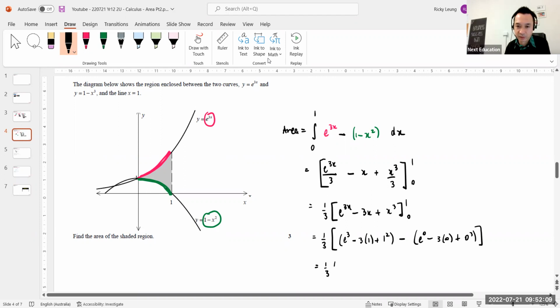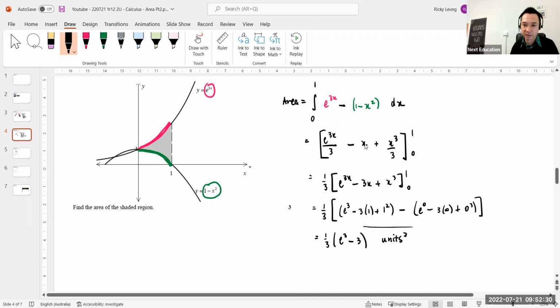Let's see, 1/3 e cubed. I got minus 3 plus 1, that's minus 2, minus 1, so minus 3. Is that right? Minus 3. Checking the solutions, yep. They look a bit different because they've expanded that, but let's leave it factorized. That is our answer. Units squared.